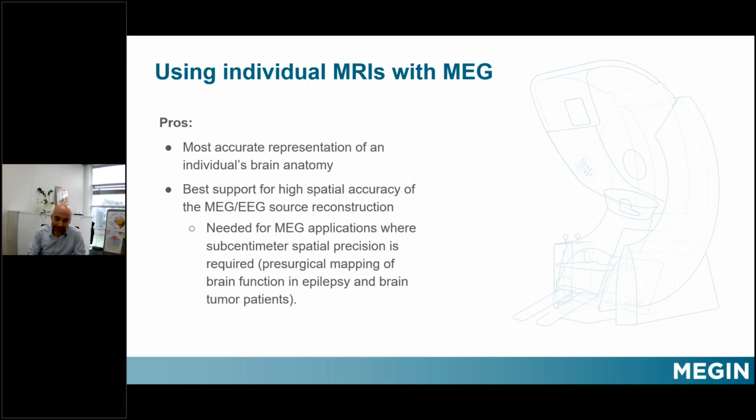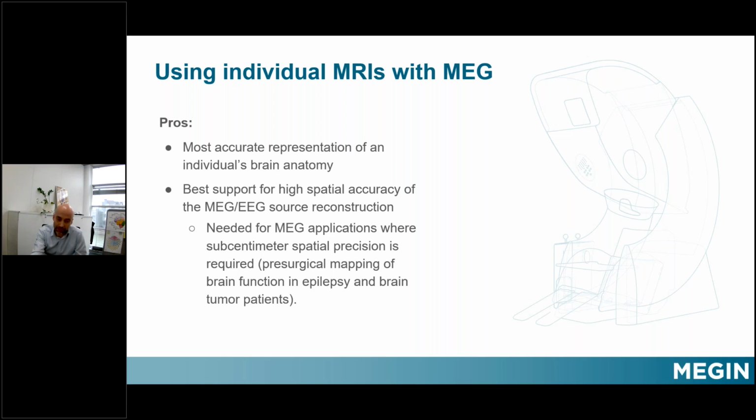One really needs this information if one aims at the best possible accuracy in pinpointing, for example, eloquent cortical regions in pre-surgical mapping, in epilepsy, or in preparation for brain tumor surgery or radiation therapy.